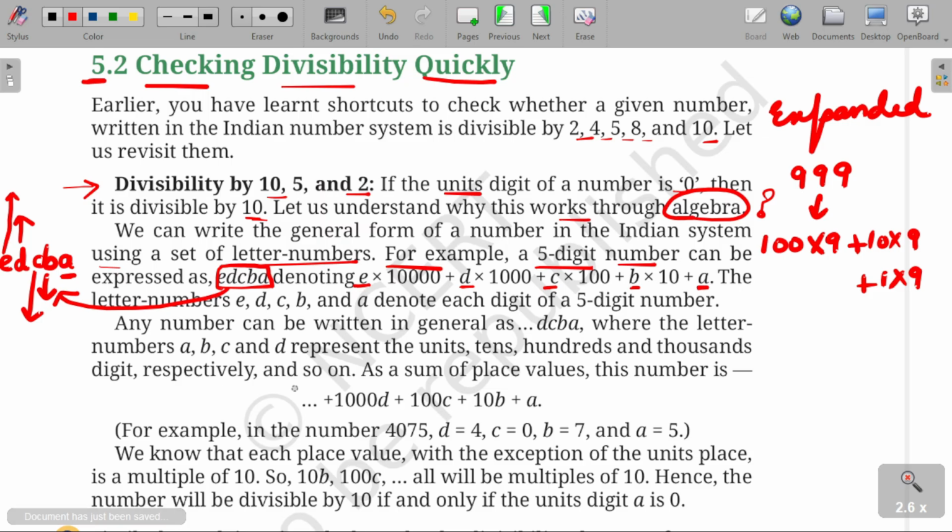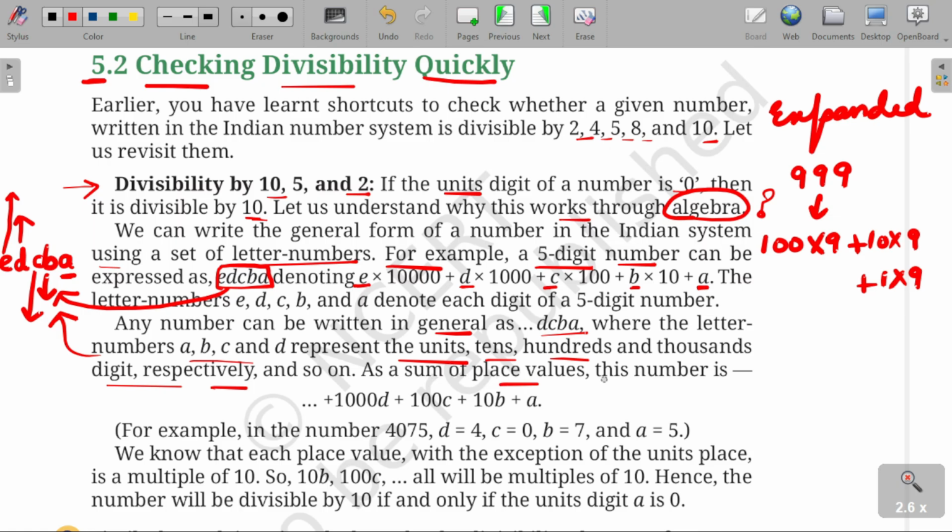So this is a number taken in algebraic form, and the letters EDCBA denote each digit of the 5-digit number. Any number can be written in general form, where the letters A, B, C, D represent the units, tens, hundreds, and thousands digits respectively. That's what I have already told you, right?